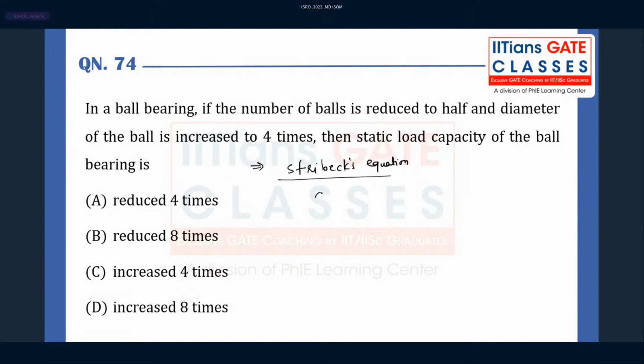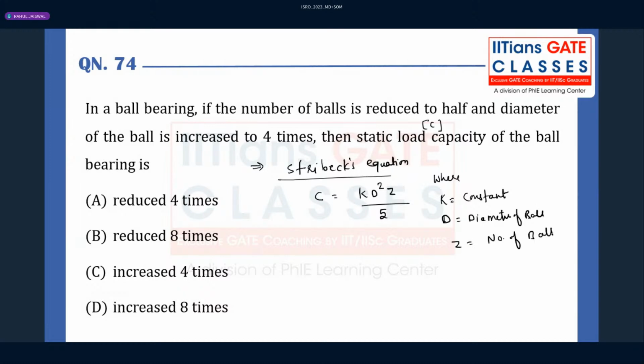We represent the static load carrying capacity by C, and the formula is K d square Z divided by 5, where K is a constant. Again, remember, you might have followed the dynamic load capacity of the ball bearing, but this question belongs to the static load capacity of ball bearings. d is the diameter of the ball. Z is the number of balls.